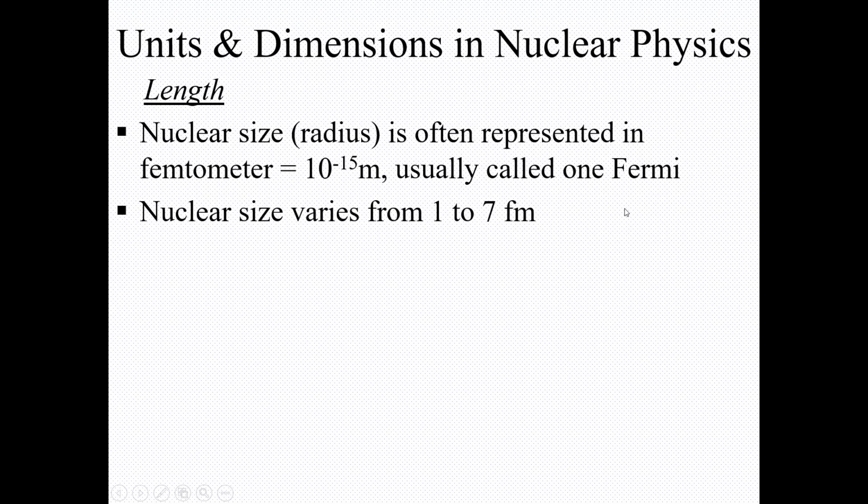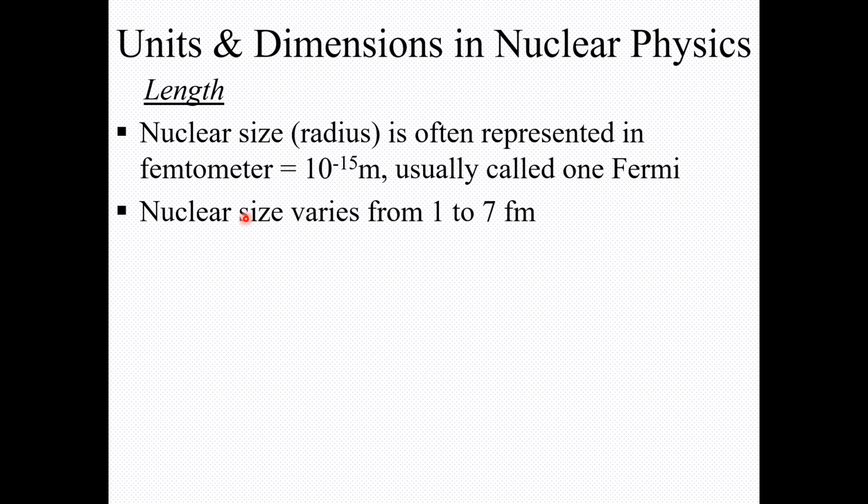Then we have, further for this unit, for the nuclear size: we remember it varies from 1 to 7 femtometers. Let me repeat it again, nuclear size we basically measure in femtometers. So here is the definition of the femtometer: 1 femtometer is equal to 10 raised to the power minus 15 meters.